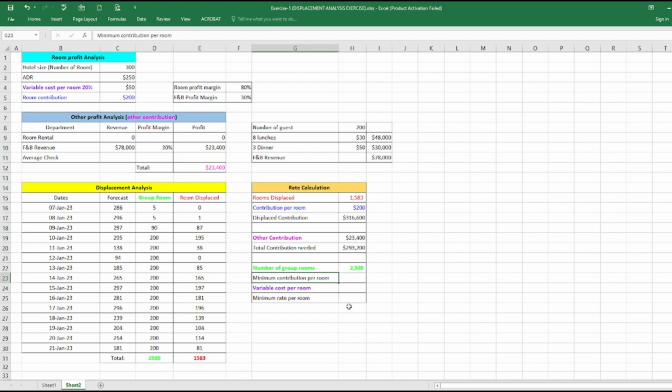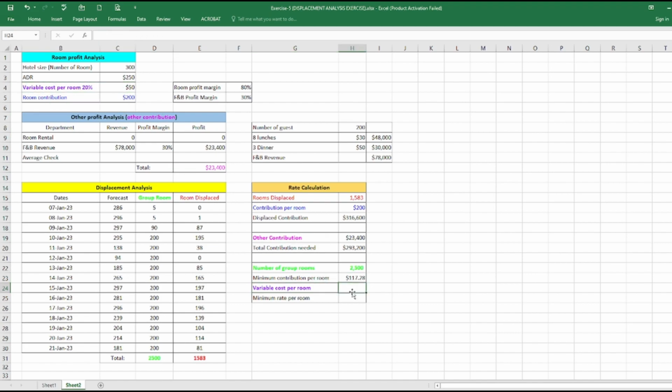Minimum contribution per room: total contribution needed divided by 2,500 group rooms. So minimum contribution per room is 117.28, plus our variable cost.